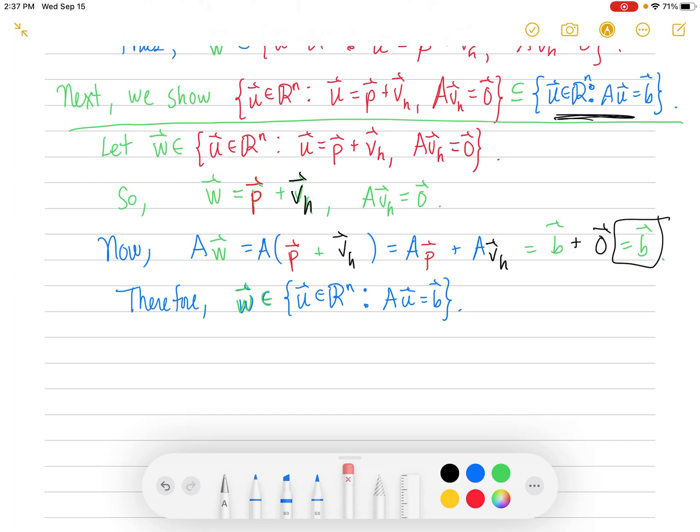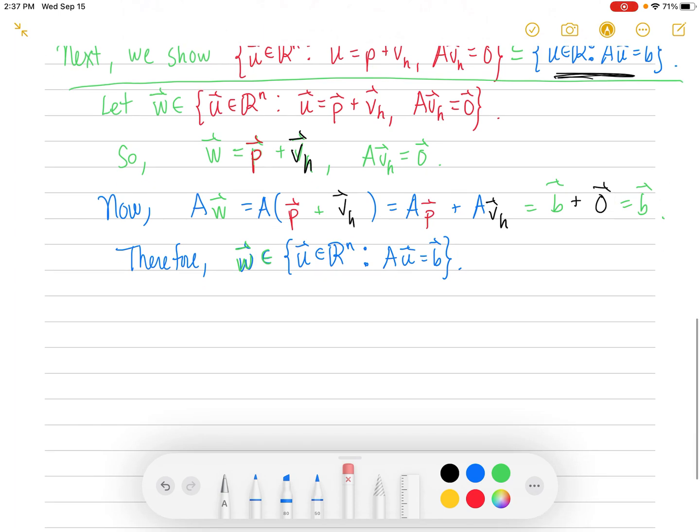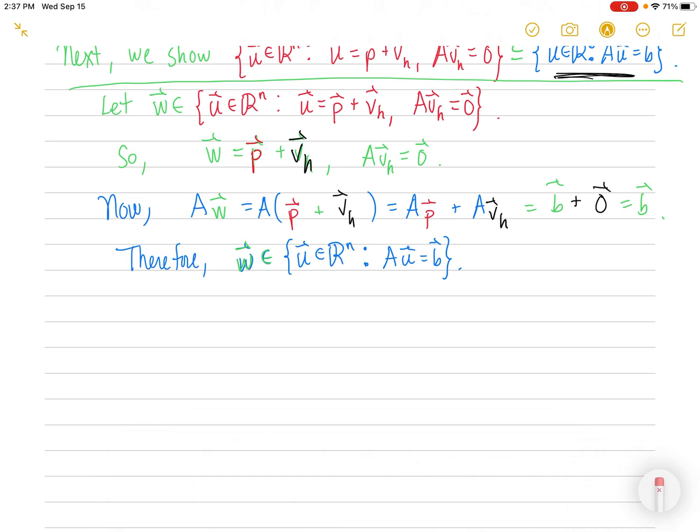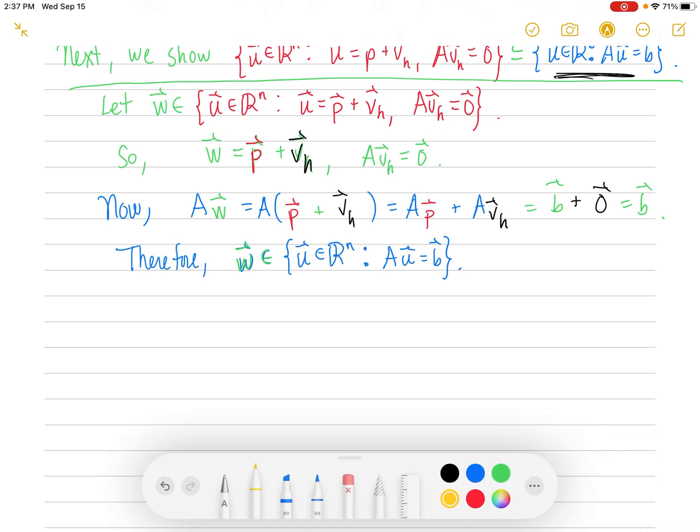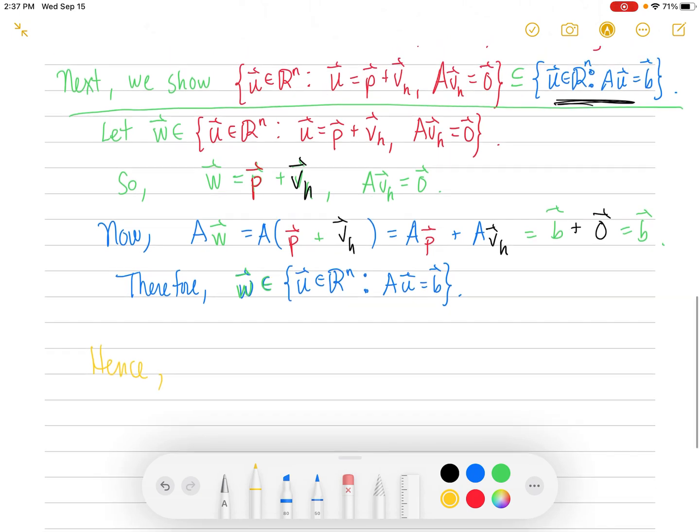Let me do a little erasing of these highlighting boxes and stuff. So we can finally conclude that, hence, these two sets are equal.